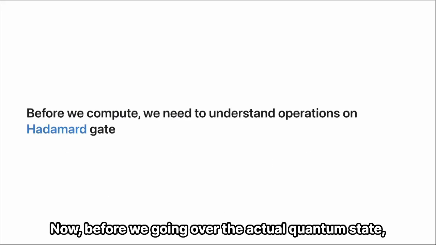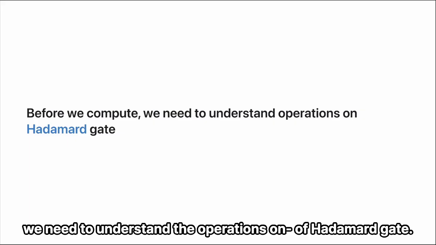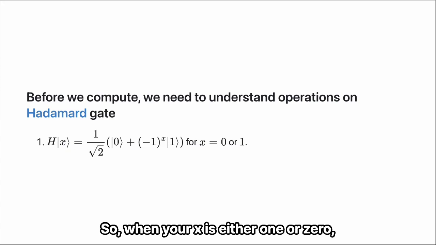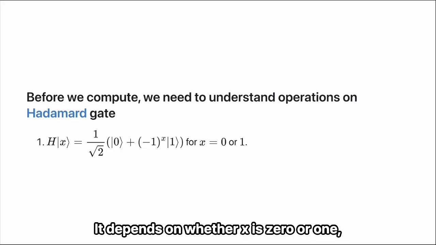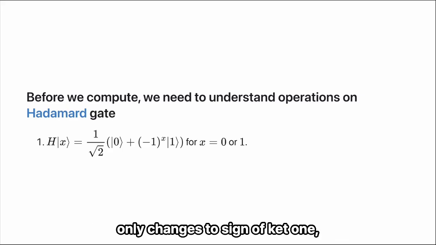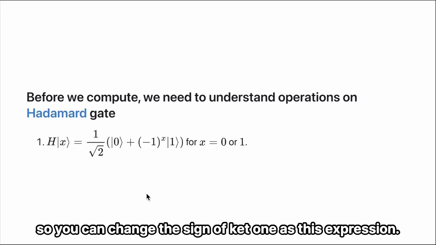Now, before we go over the actual quantum state, we need to understand the operation of the Hadamard gate. When x is either 0 or 1 and you act with the Hadamard gate, you can write it out as follows. Depending on whether x is 0 or 1, it only changes the sign of ket 1, so you can express that with this expression.